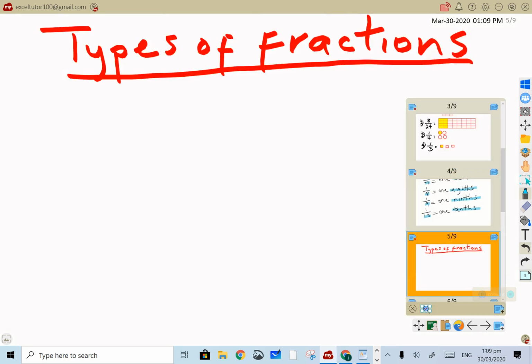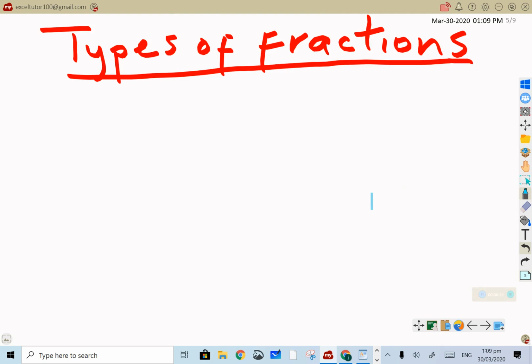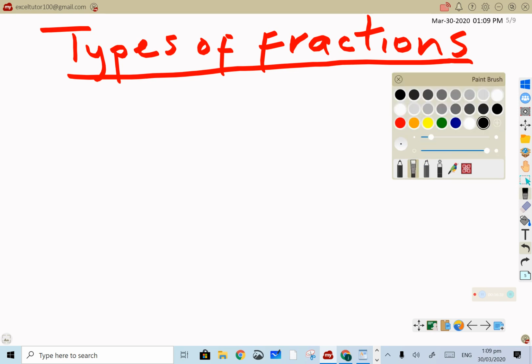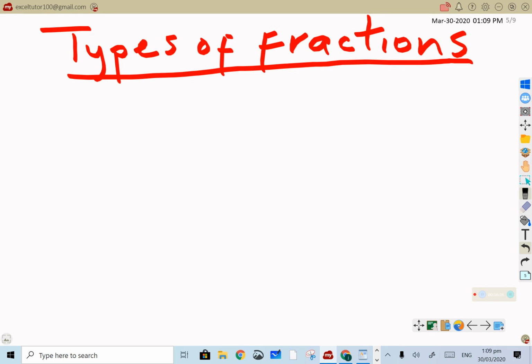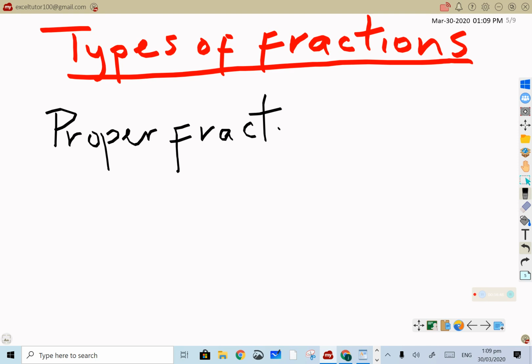Now we have here types of fractions. The first type of fraction that we have would be a proper fraction. A proper fraction is where the numerator is smaller than the denominator.